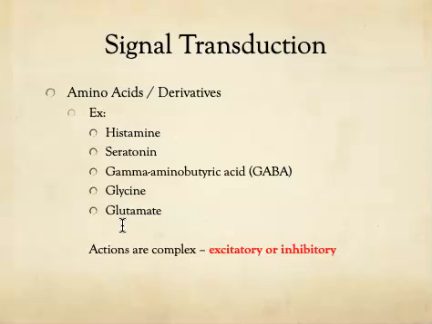And like the catecholamines, the amino acids and the amino acid derivatives can be very complex in their action. It depends on the synapse that they're involved in, whether they're going to elicit excitatory effects on the postsynaptic cell or inhibitory effects.